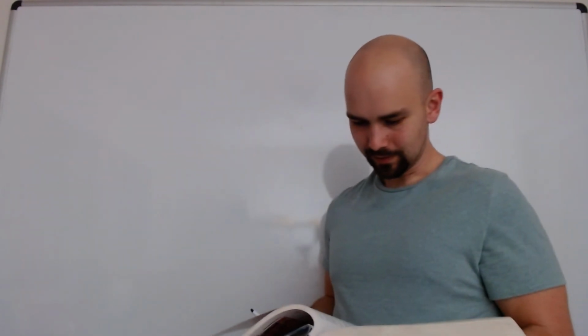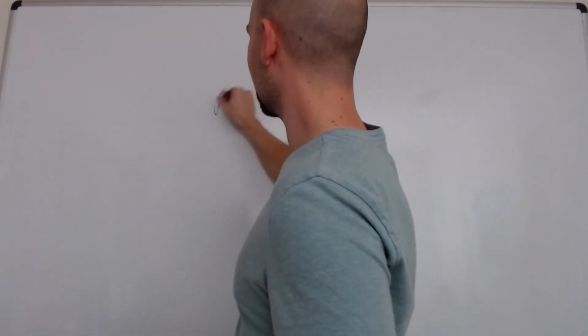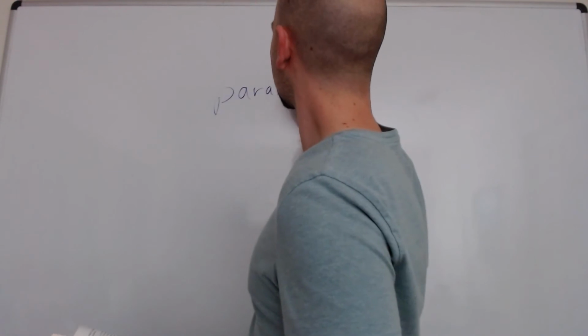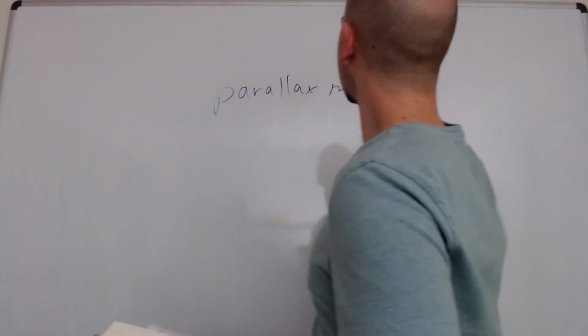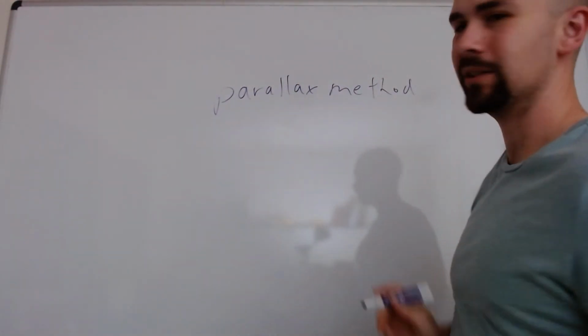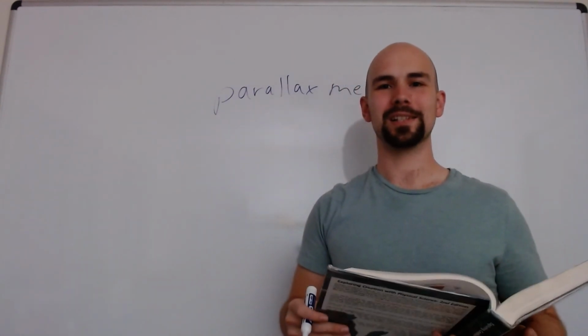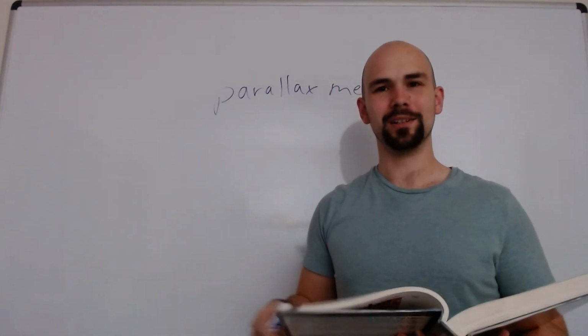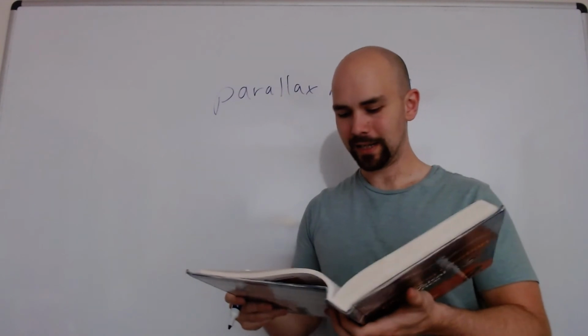So, parallax method. It's going to have to do with actually triangulating a star and measuring its distance using an angle.